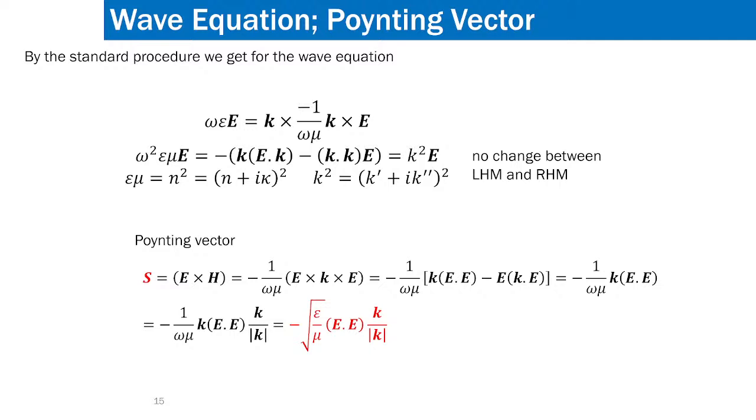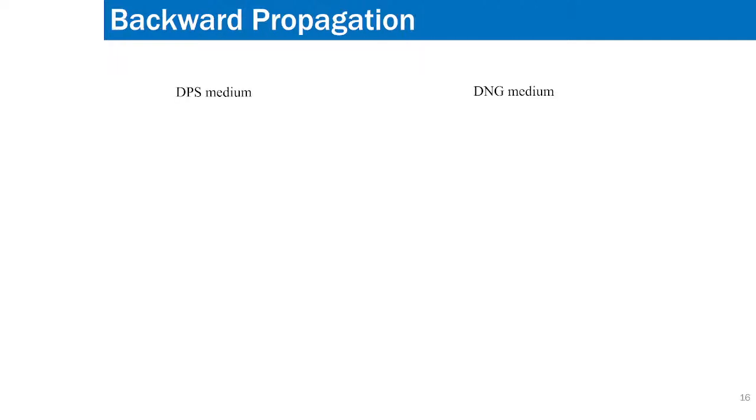We have derived this for the double negative material, or LHM, left-handed material. We will see why it is called left-handed material now. In LHM, S and k are anti-parallel, whereas in the right-handed medium, they are in the same direction. S and k are in the same direction in a normal right-handed material.